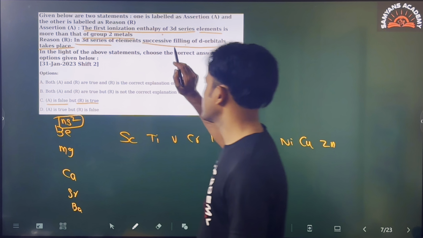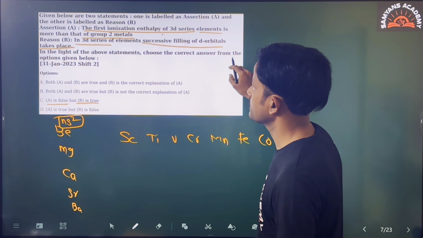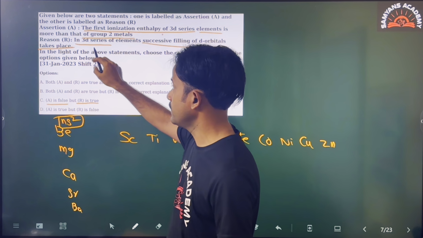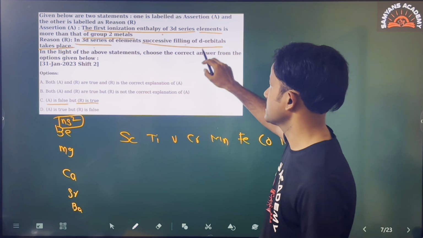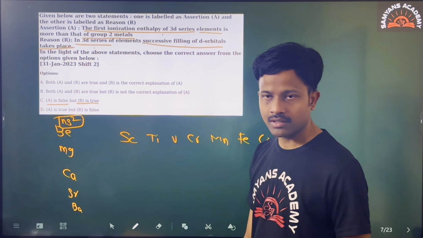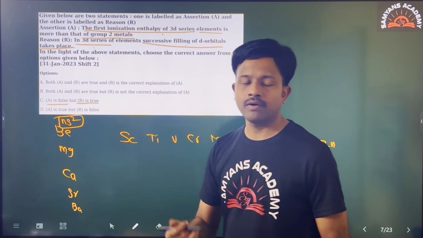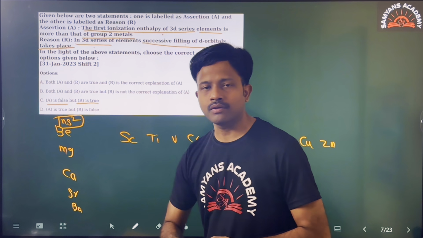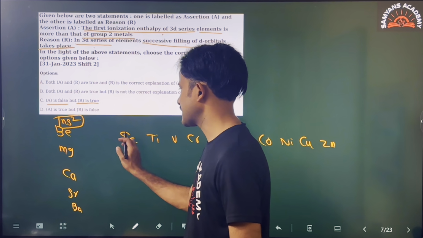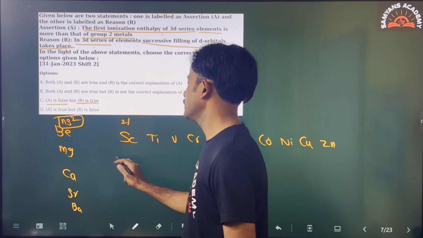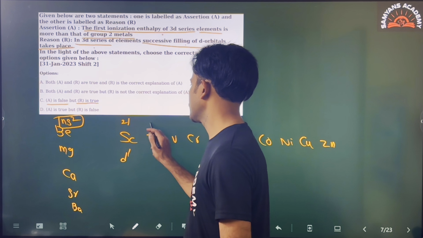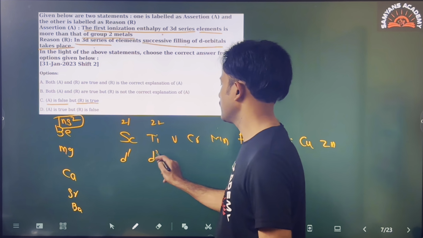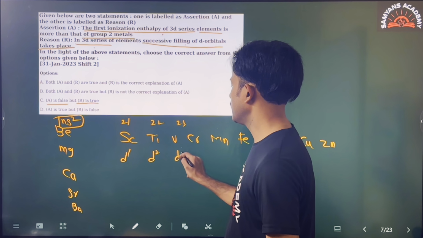In the light of the above statements, choose the correct answer from the options given below. And the reason, you read here: in 3d series of elements, the successive filling of d orbitals takes place. Yes. Successive filling of d orbitals means, what is the electron configuration of scandium? Argon, scandium is 21, right? So it will become d1, and titanium 22, d2, d3.